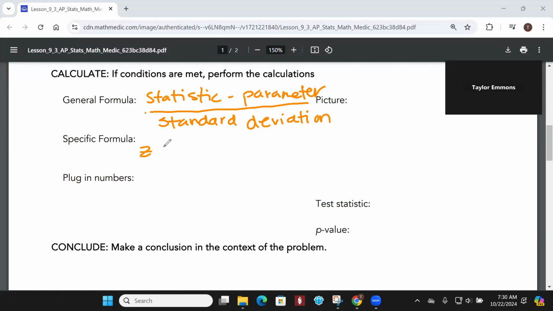This formula looks a little stupid, I'm sorry. So z equals p-hat minus p, divided by the square root of p times 1 minus p, divided by n.